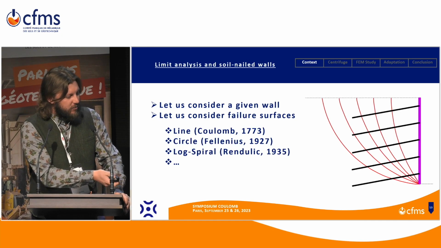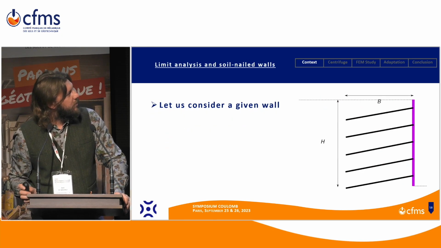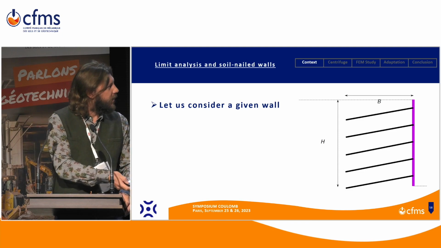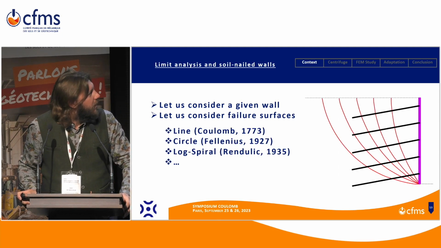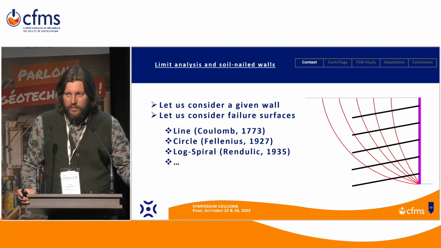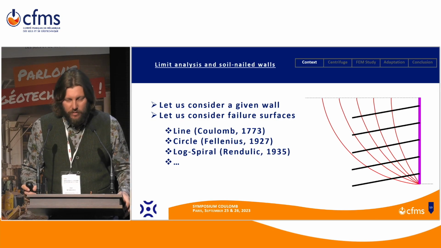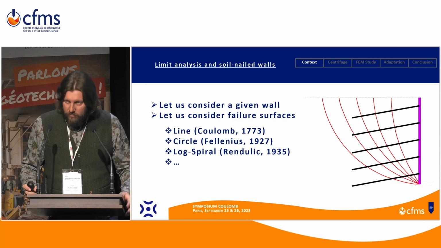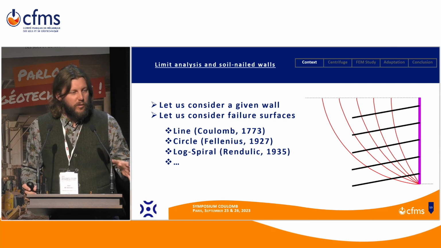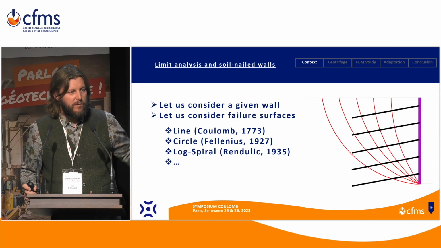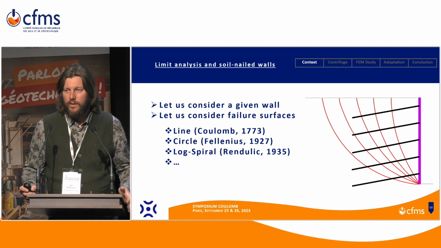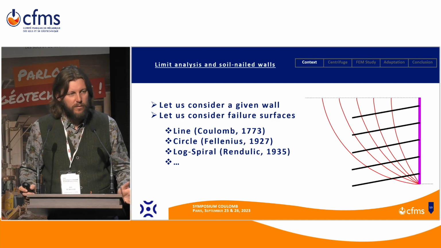So let's consider a given wall of width B and height H. You will consider different failure surfaces. This list has already been mentioned. In the software I use, Prosper, all these kinds of failure surfaces are available, and you can also choose another failure surface.